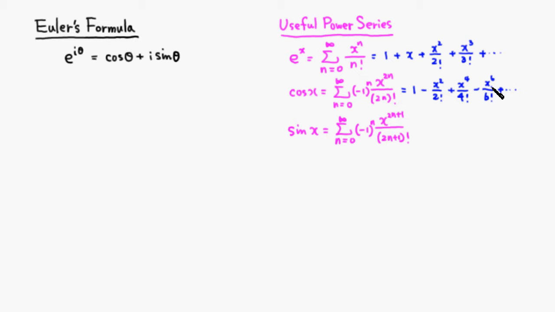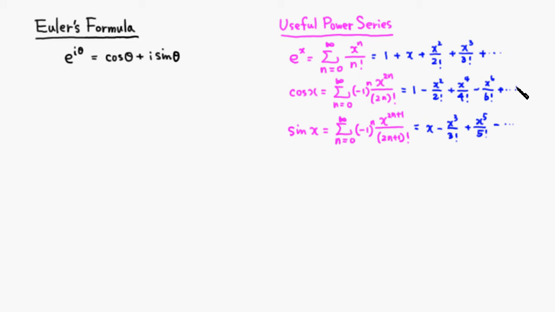Then sine is also alternating, and picks out all the odd powered terms. So it's going to be x minus x cubed over 3 factorial plus x to the 5th over 5 factorial, and so on. Keep those in mind.